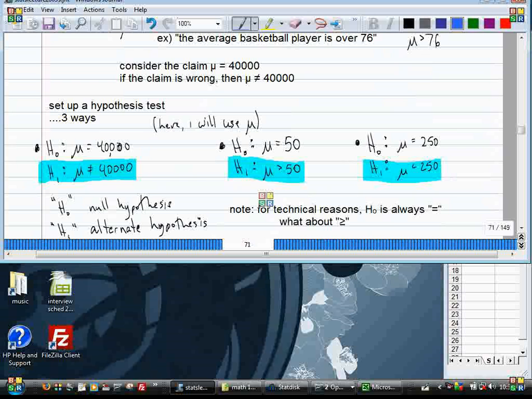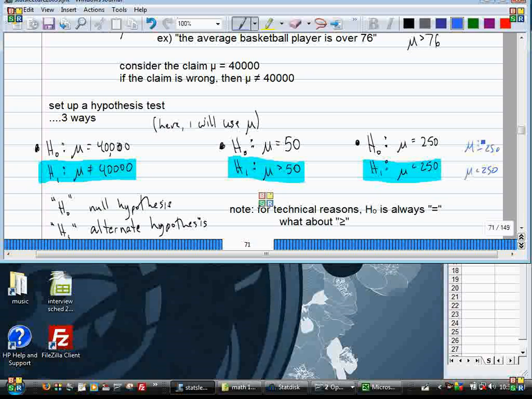Hopefully you'll see as we do problems that it's much easier to just remember that H0 is always equals, as opposed to, like the last one, since this is mu is less than 250, then H1 is going to be mu is greater than or equal to 250.